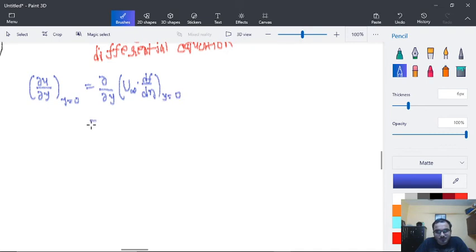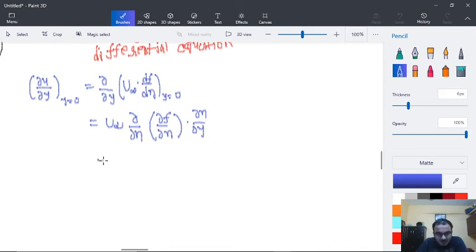So here what we are getting is u infinity will be taken outside, and ∂/∂η into ∂f/∂η into ∂η/∂y.